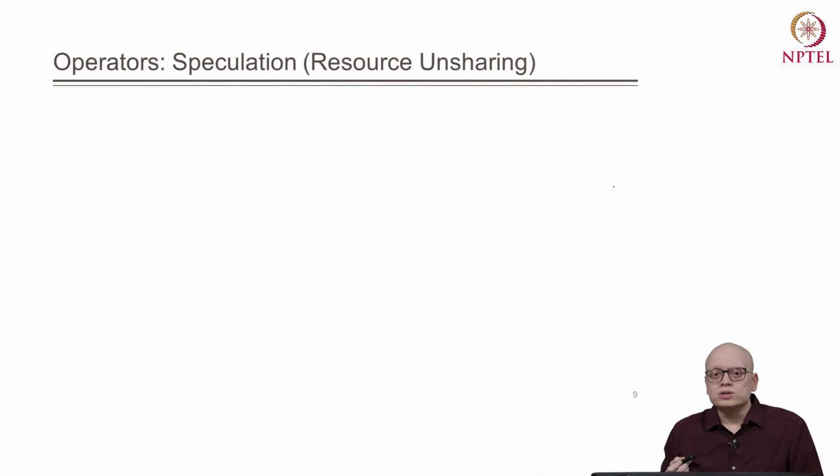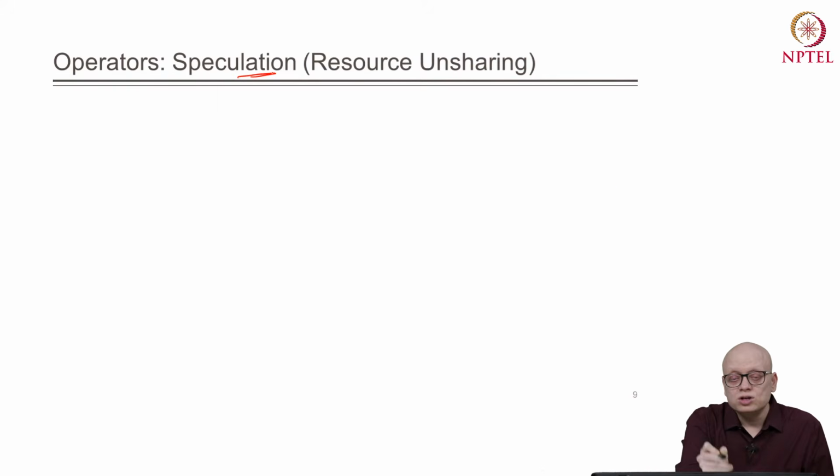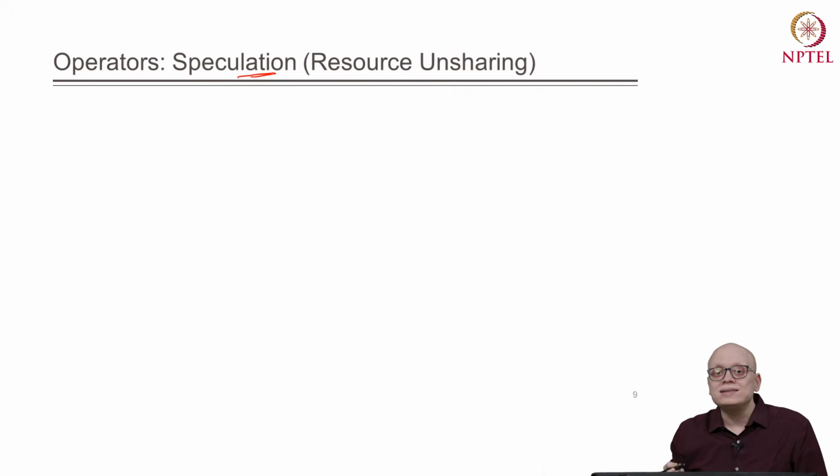Now, let us look into another type of optimization, which is known as speculation. It is also known as resource unsharing, because it is a kind of opposite of resource sharing. Let us understand this optimization with the help of an example.